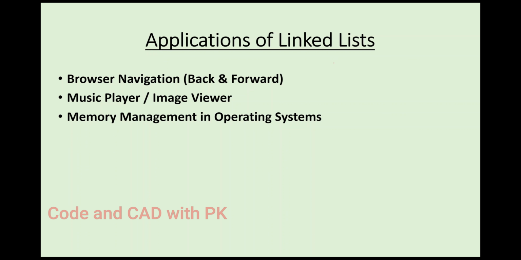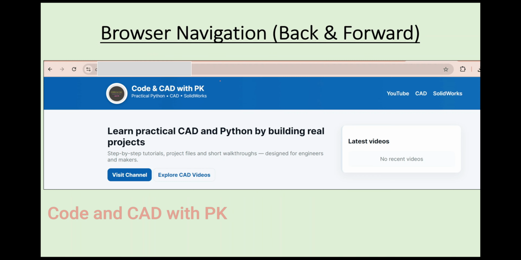The first one is browser navigation. You already have an idea about the backward button and forward button in the browser. When you browse the internet, you click the back button to return to the previous web page.